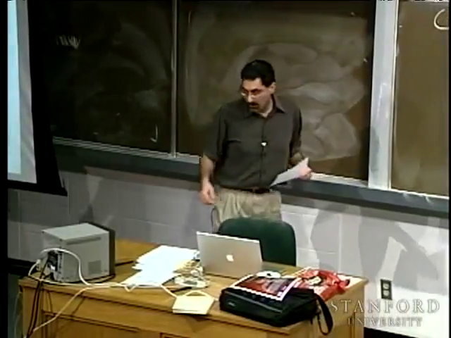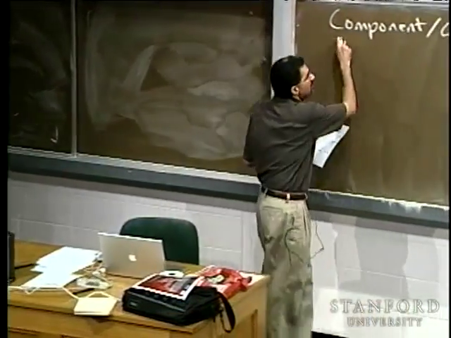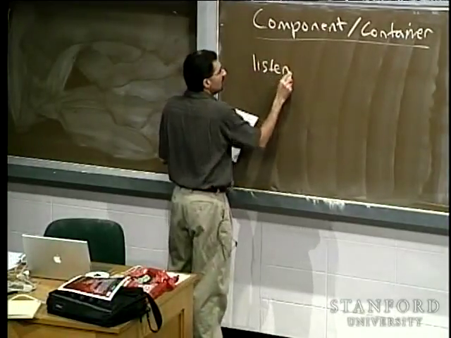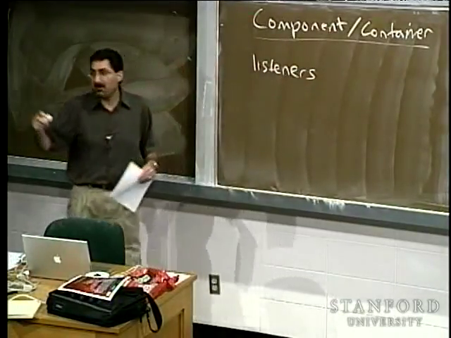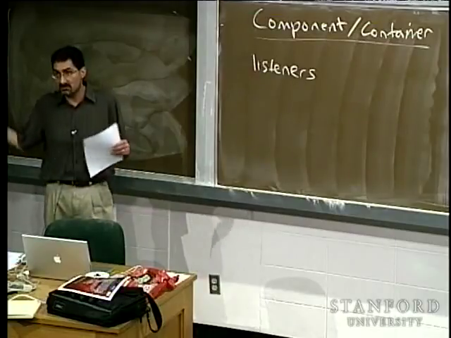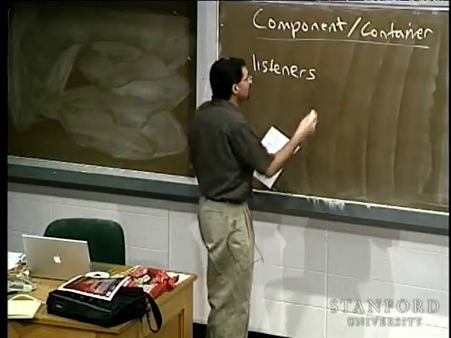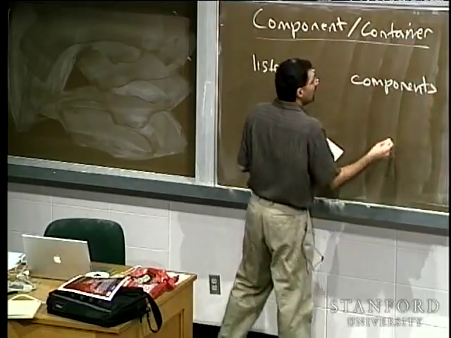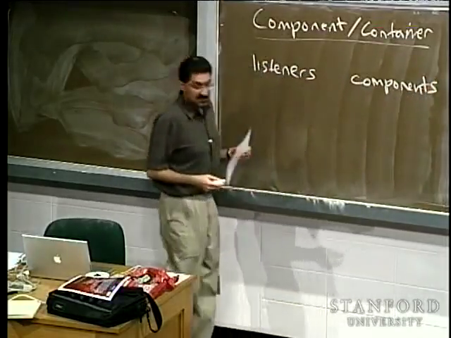Okay? So what does that actually mean in terms of these components and containers? What it means is that we can have listeners in the same way that you thought about listeners for mouse events and listeners for JComponents. You can have listeners for components, like we talked about resizing the window.